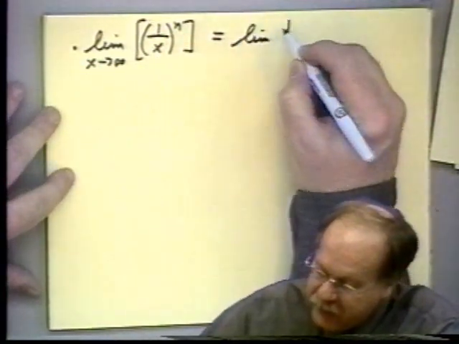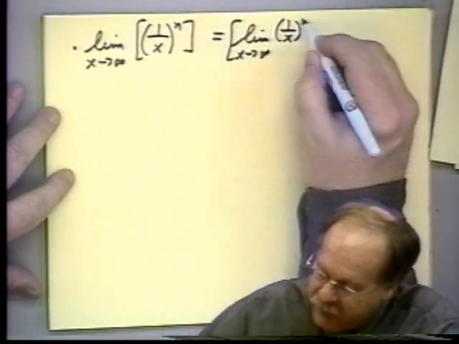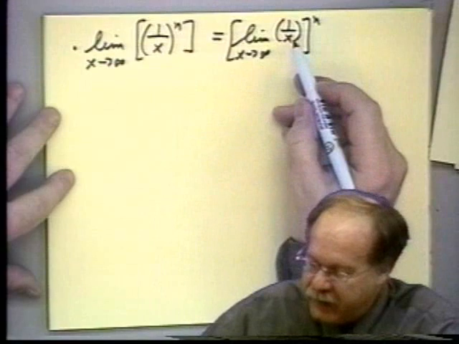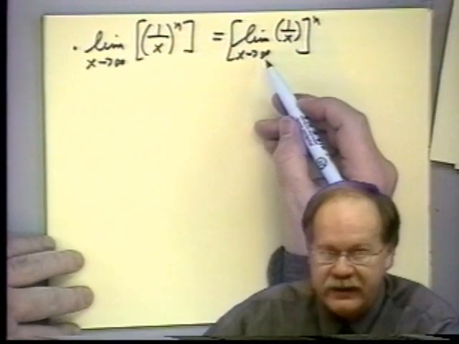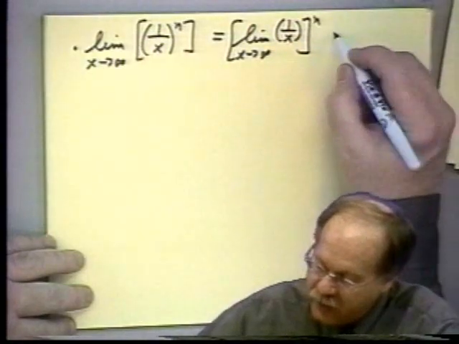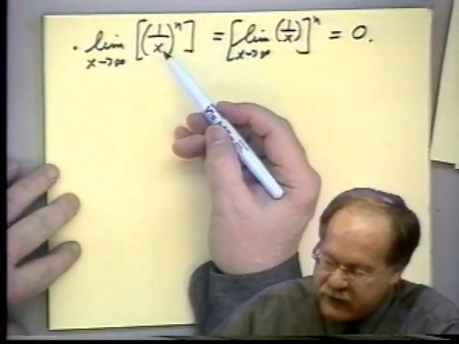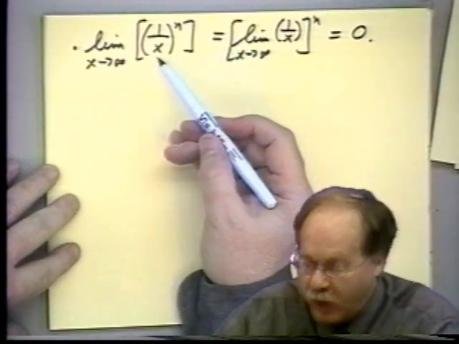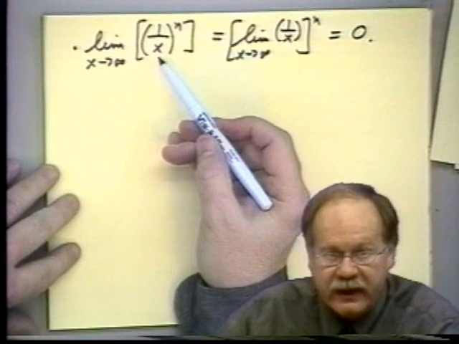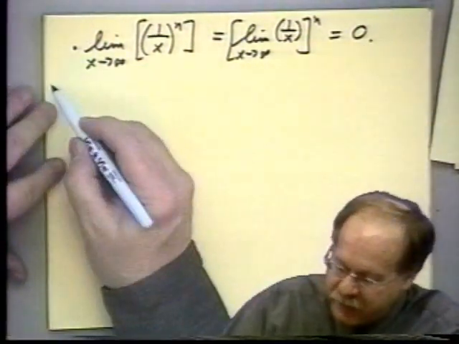This is simply the limit of 1 over x, which we know, all taken to the nth power. Now the limit of 1 over x as x goes to infinity, we know, goes to 0. We just did that. So this goes to 0 to the n, hence 0. So if you have 1 over x to the n, the limit of that as x grows very large, or in fact as x grows very small to negative infinity, will always be 0. Very handy in some of the limits we'll be seeing coming up.